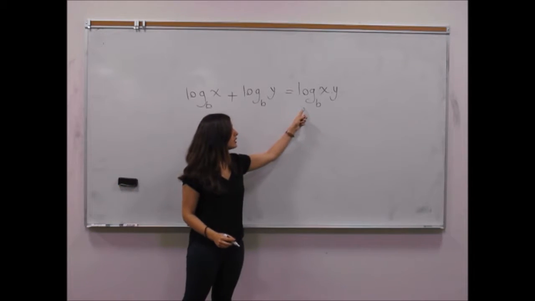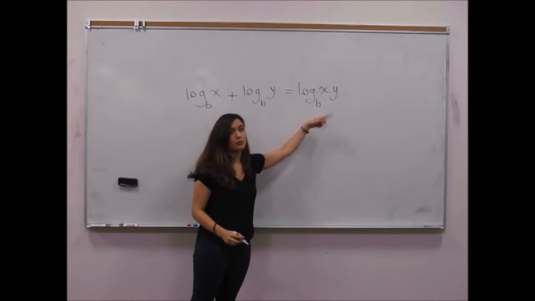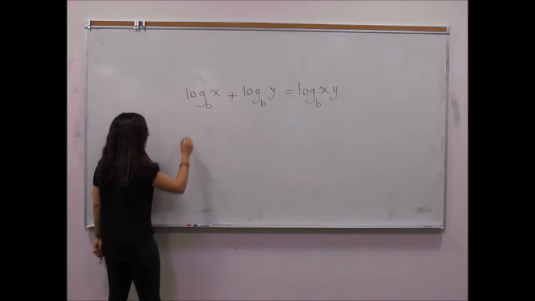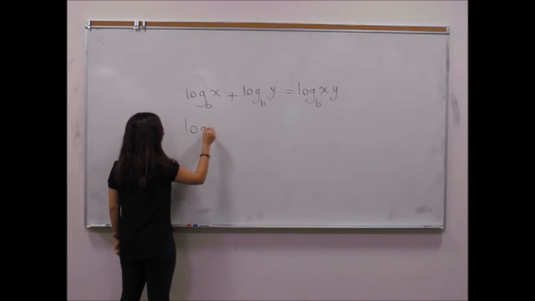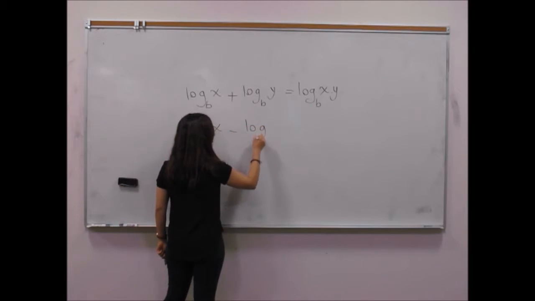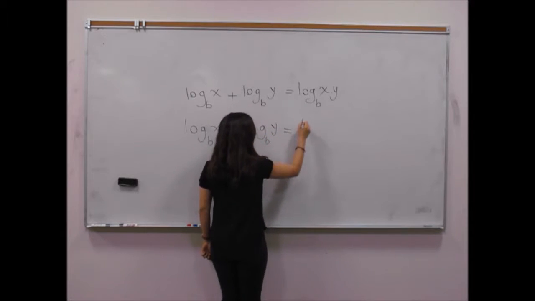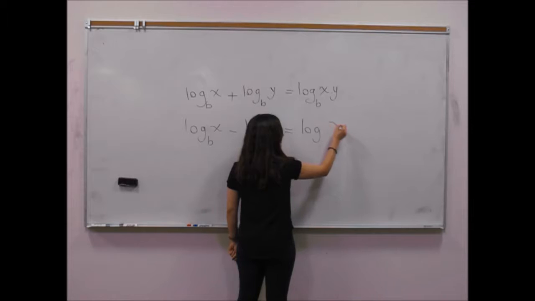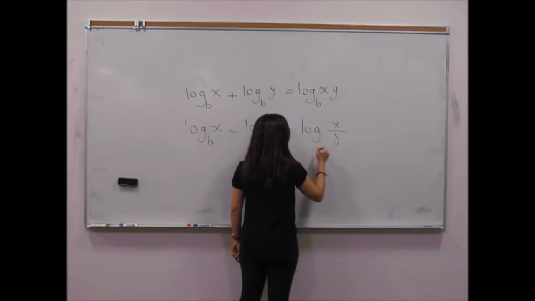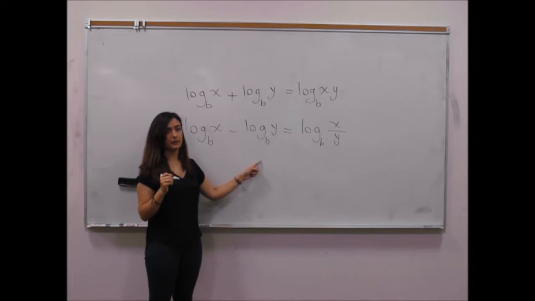I can rewrite this expression as one log and multiply the arguments together with the same base. But if they are getting subtracted from each other, I can rewrite it as log of x divided by y base b. Again, bases are the same.